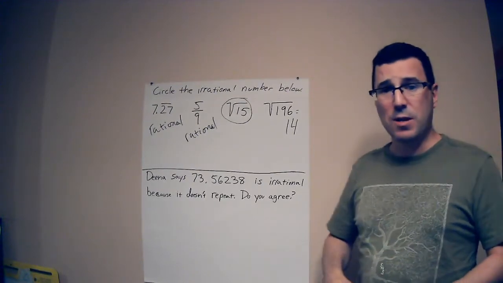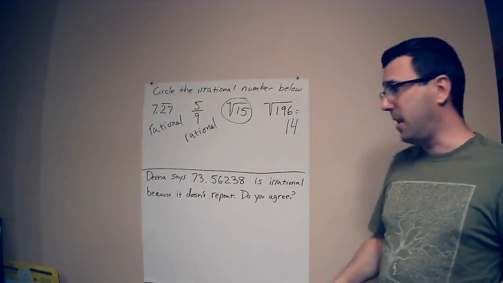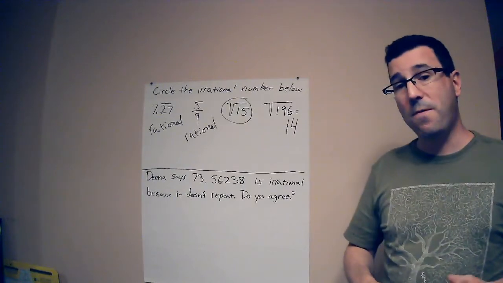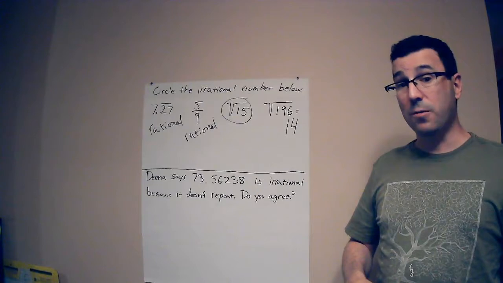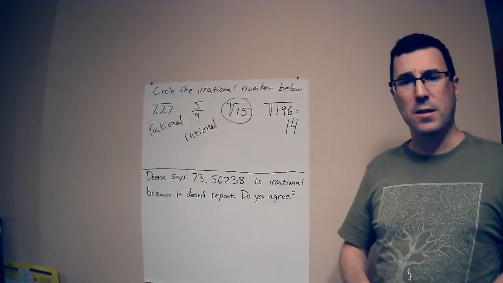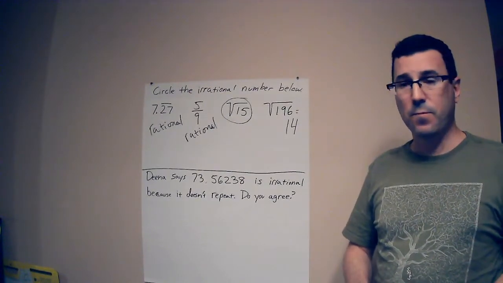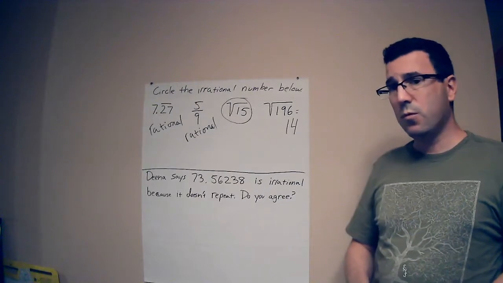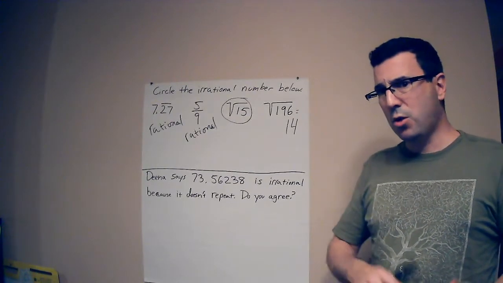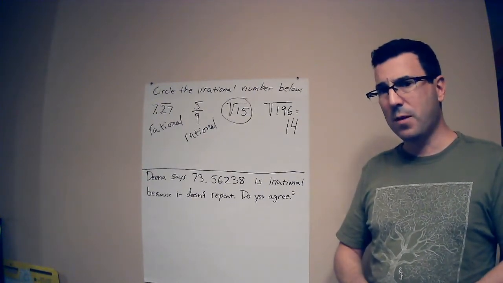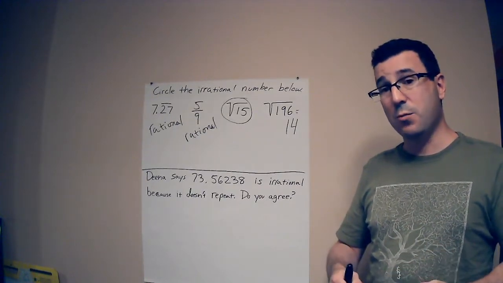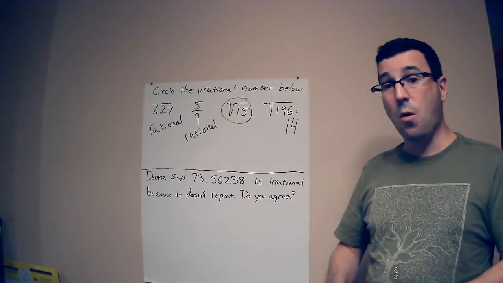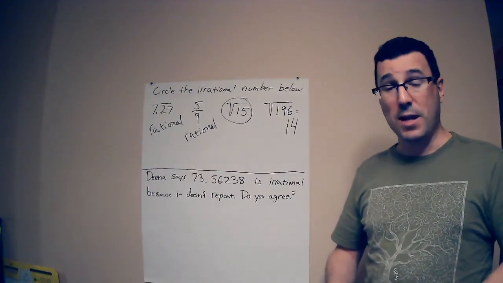Lastly, I have this one here. Dina says 73.56238 is irrational because it doesn't repeat. Do you agree? Well, remember that when we're talking about decimals, a number is rational if the decimal repeats or it terminates.